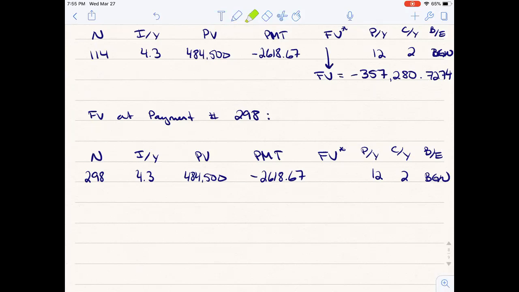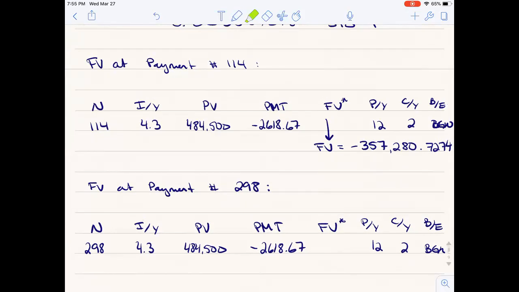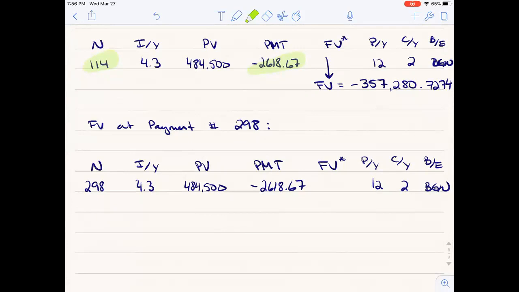Let me just highlight: in the future value at 114, the only thing that changed was the N. We added the payment amount, and we had to calculate the future value. And then here, the only thing that changes is 298.